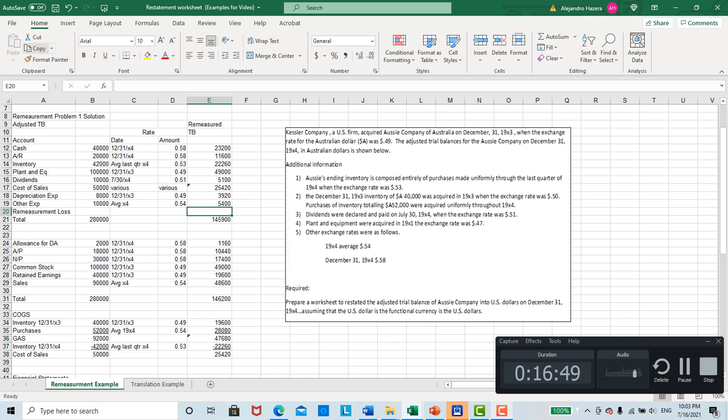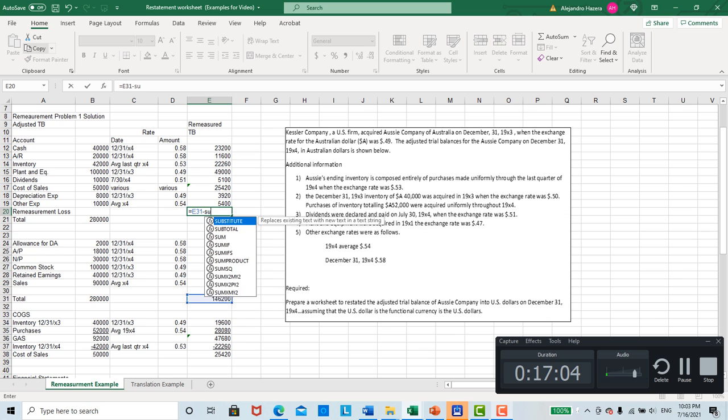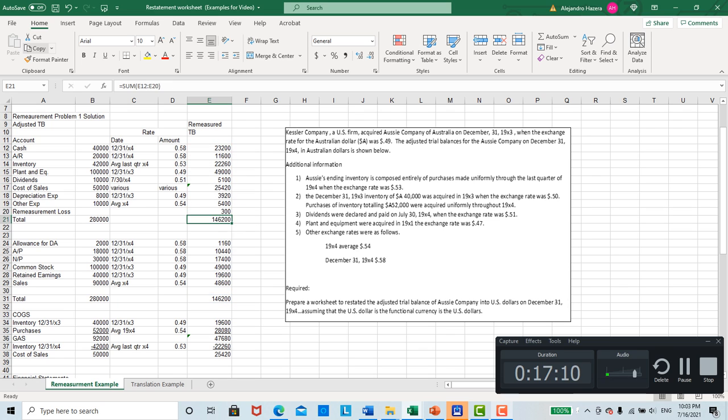Okay, so we're good here. Obviously the plug is very easy to calculate, but I'm going to do what I usually do, which is take the opposite side and subtract out the sum of the side you want to plug. That gives you the rather small plug for this one, $300. So it balances out at 146.2 on either side.